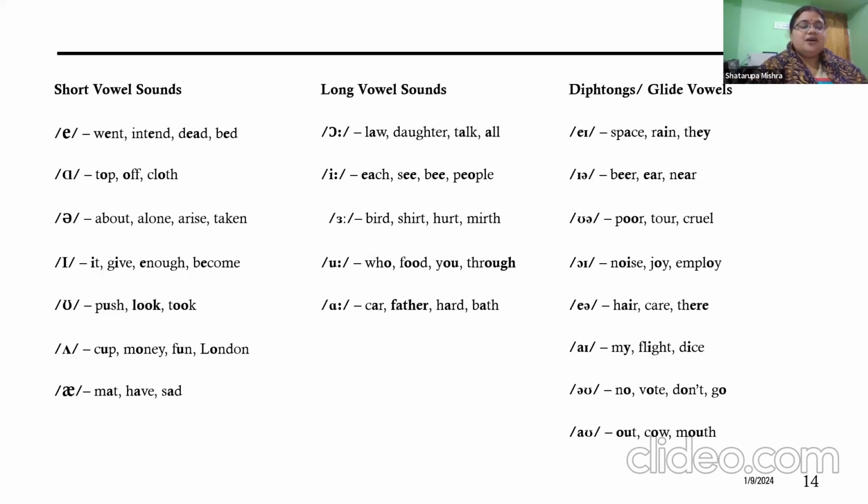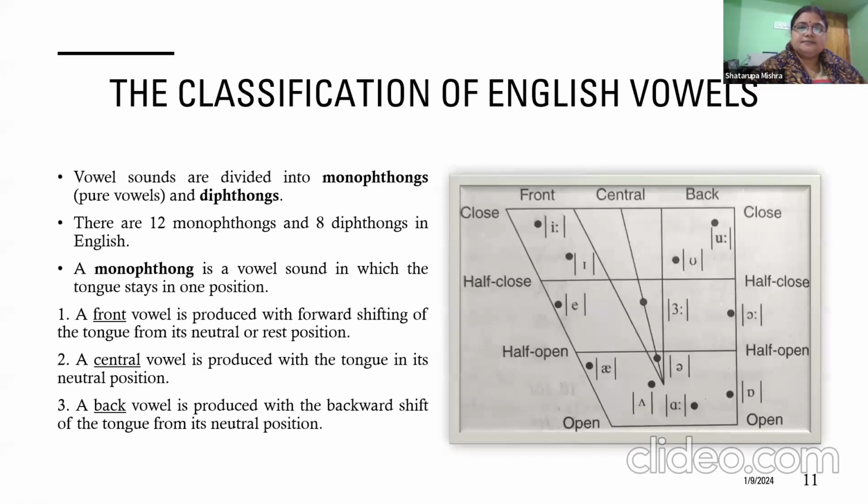Okay, so now we have seen the symbols and the corresponding sounds of all the vowels. Now we will go back to that diagram and we will try to describe each vowel sound using these terms.